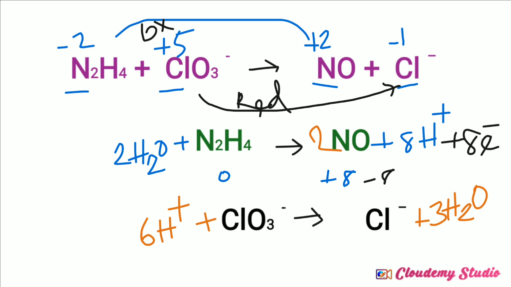Now we need to check the charges on both sides of the equation. On the right hand side, chloride ion has one negative charge, that is -1. Water has no charge because it's a neutral compound. Therefore, the right hand side total charge is -1. But on the left hand side, in chlorate ion the charge is -1, and in hydrogen ions the charge is +6.